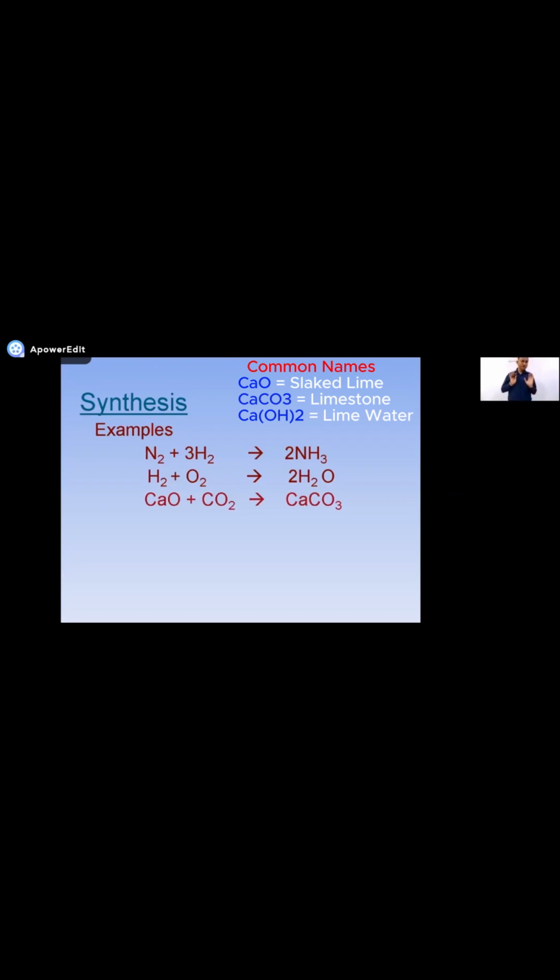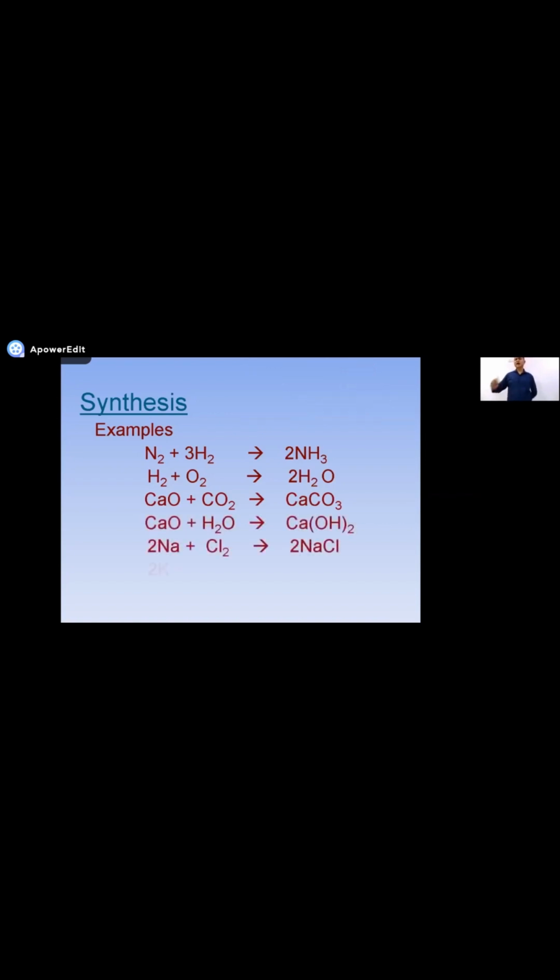All right? Again, you can see the combination reaction is occurring here. Two substances can combine together to form a bigger compound. See another: calcium oxide, when put in water, forms calcium hydroxide.